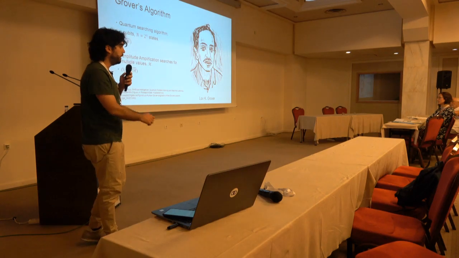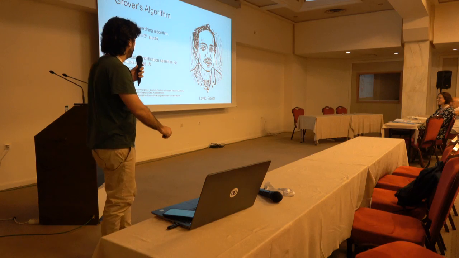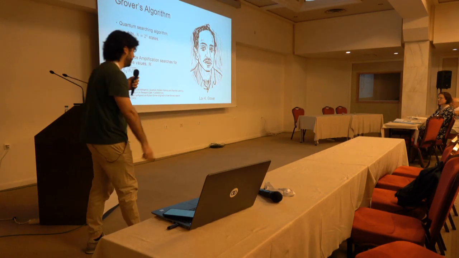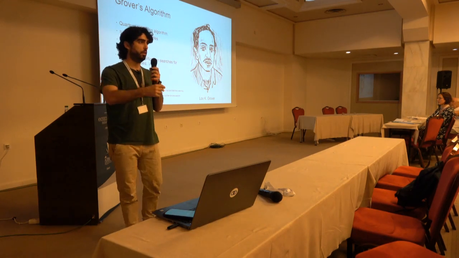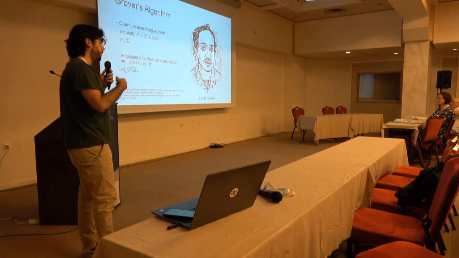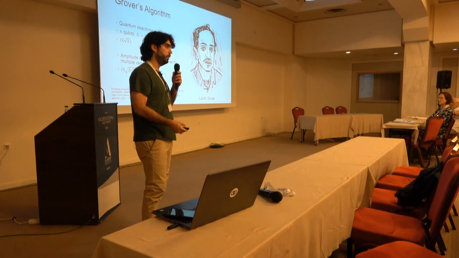So, I hope that some of you know who Grover was. I have a nice picture of him. So, Grover is a mathematician who built a quantum algorithm which searches for a value within an unordered database with a quadratic speedup with respect to the classical algorithm.